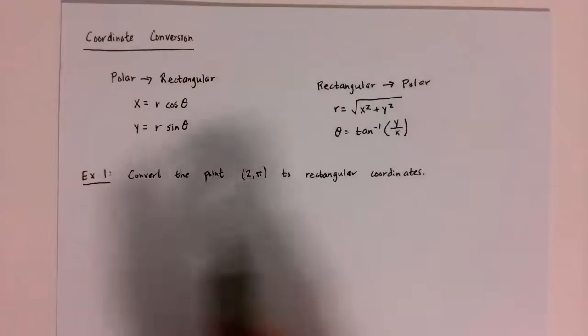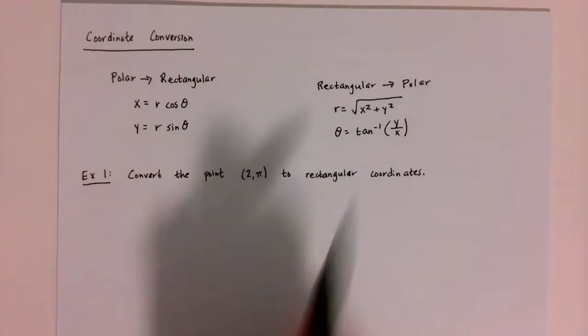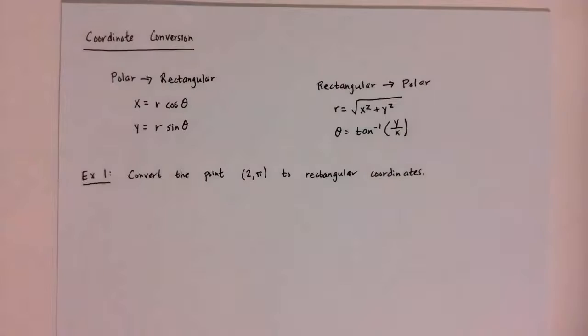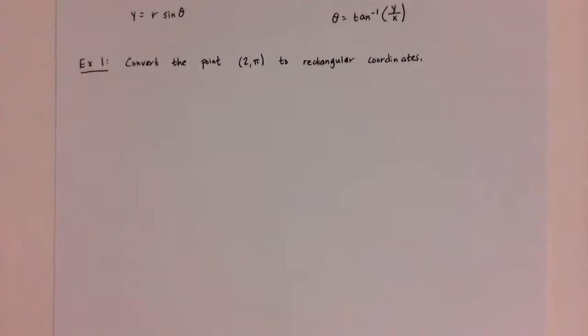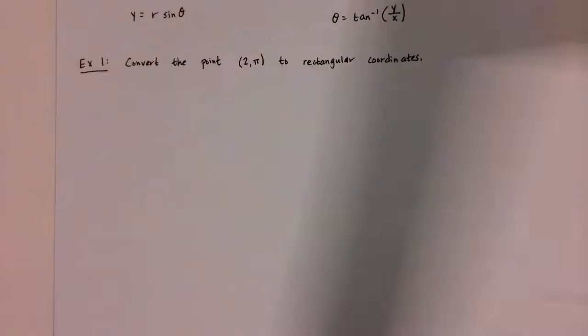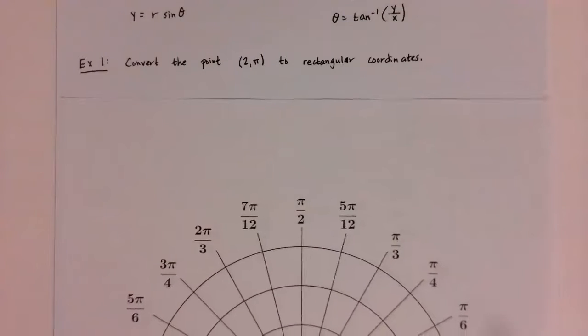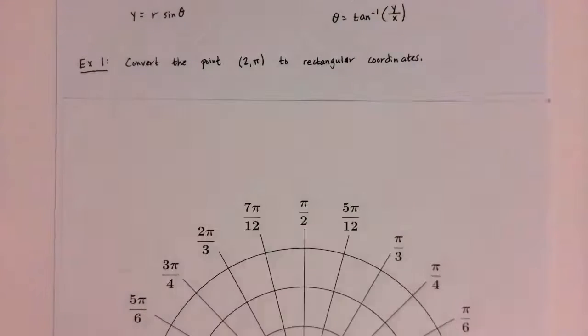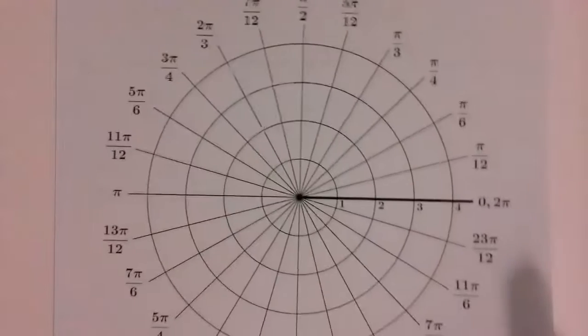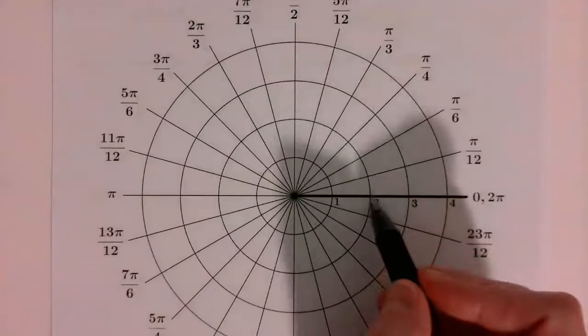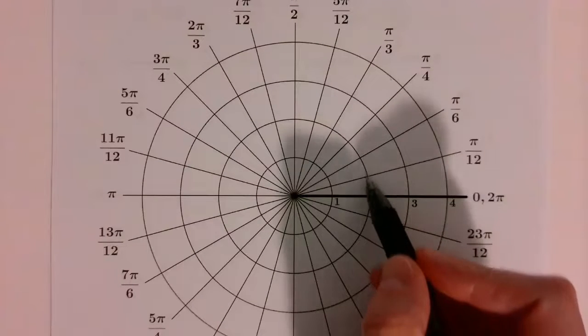Before we do the conversion with the equations, I want you to think a little bit intuitively about this. We're going to find the answer really quickly, and then I am going to show you the formula. We have this point (2, pi). If I graphed (2, pi), I would have a radius of 2, and I would go positive pi.